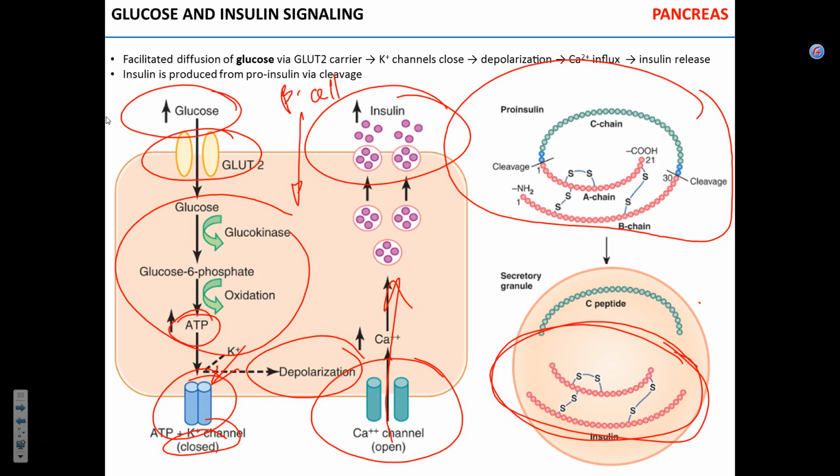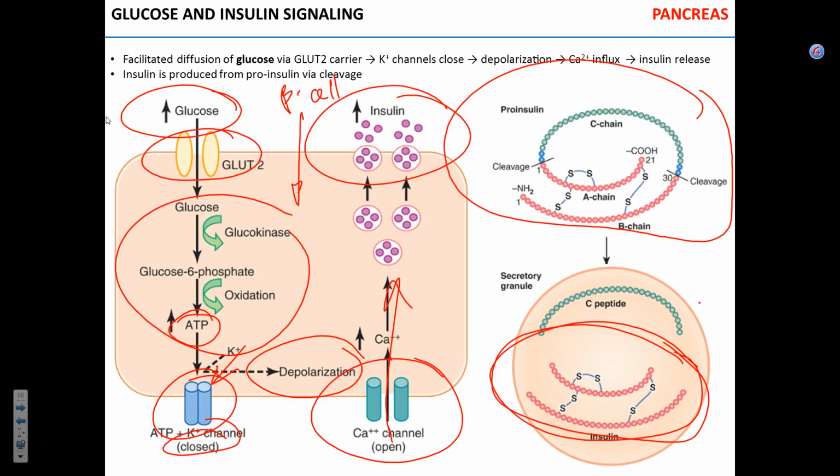Now let's walk this thing through again. This time I want you to kind of say to me, speak out loud. So when glucose gets elevated in the extracellular fluid, it diffuses into the beta cell through the GLUT2, which is the carrier.